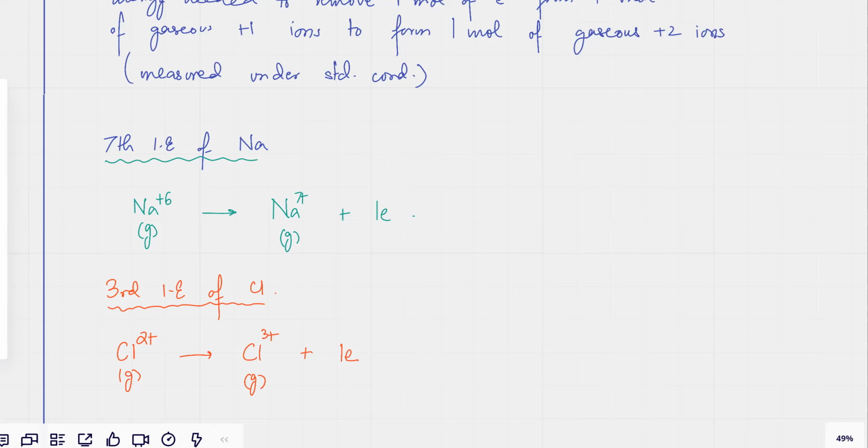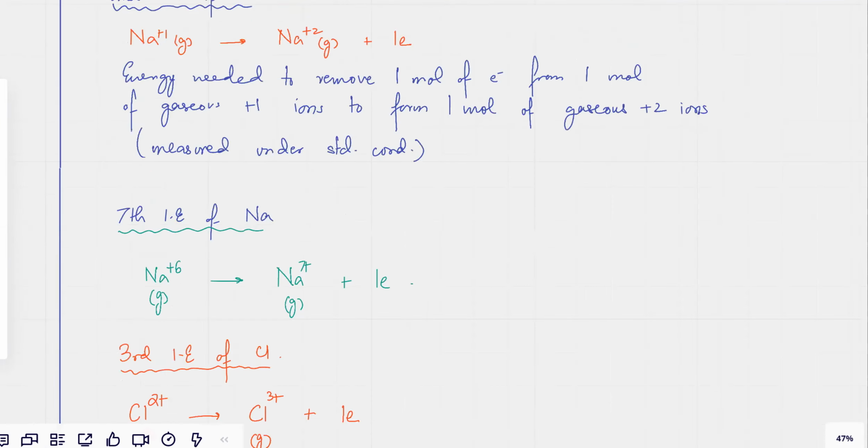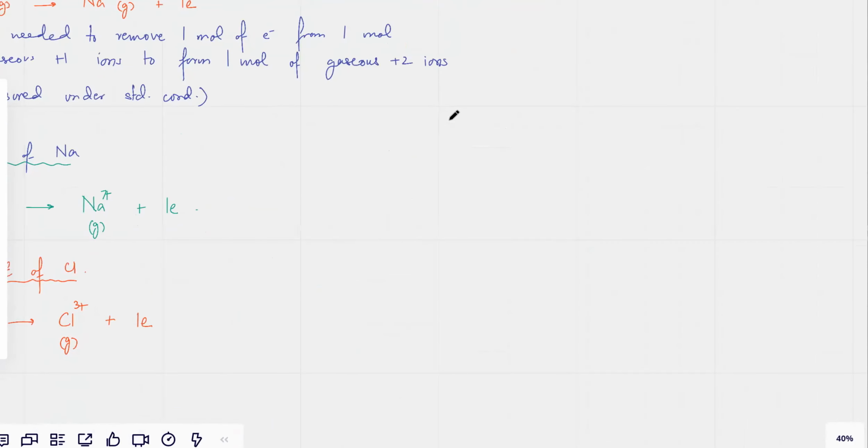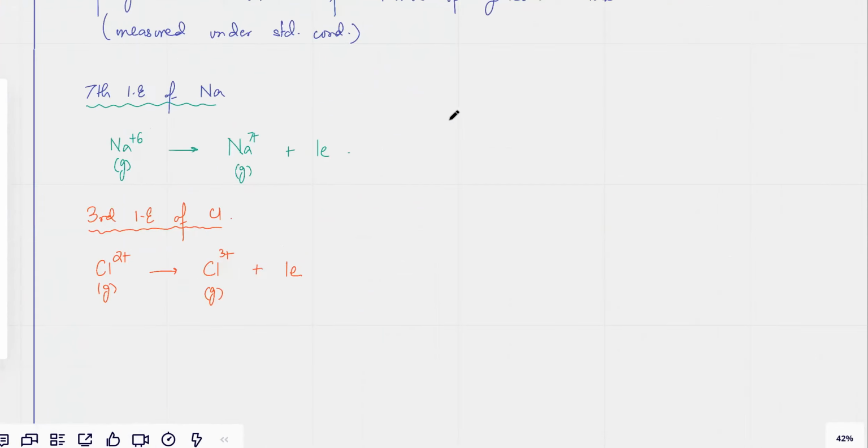So one by one, and remember, it's going to be in sequence. Let's do a few more. If I have aluminium and the 4th ionization energy of aluminium, what's happening in this? 3 electrons are already gone.